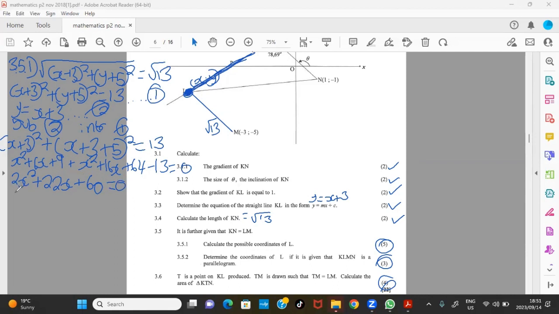Then we are going to take out the common factor of 2. Then we have x squared plus 11x plus 30 is equal to 0. So now the 2 will fall away. Then I must factorize.